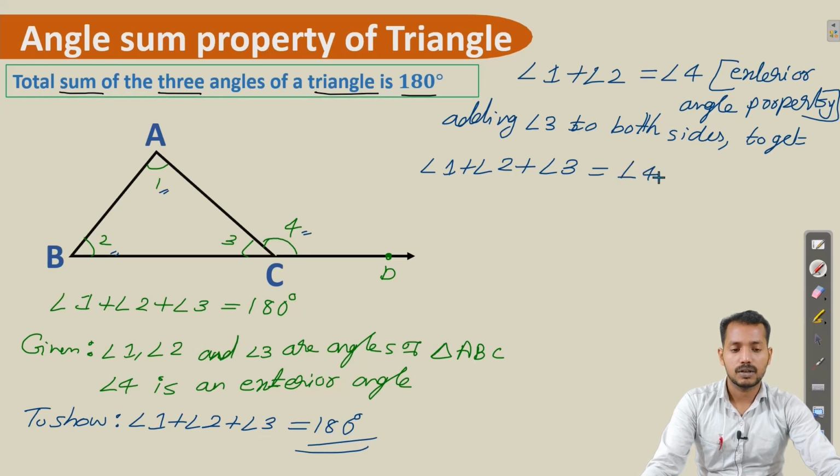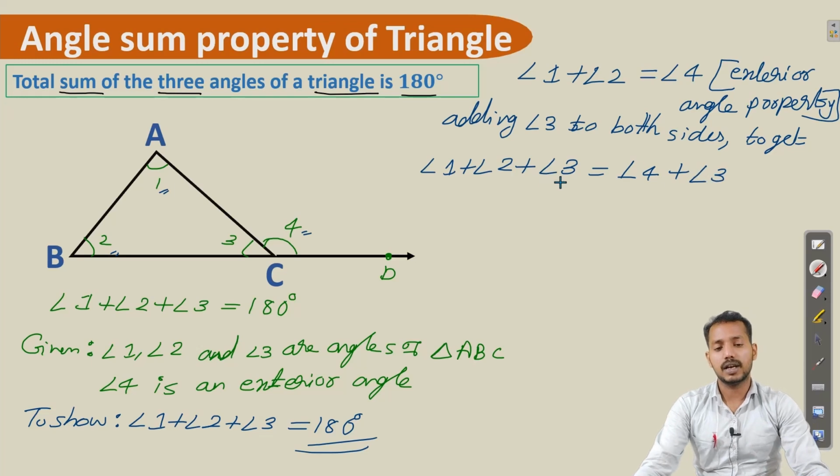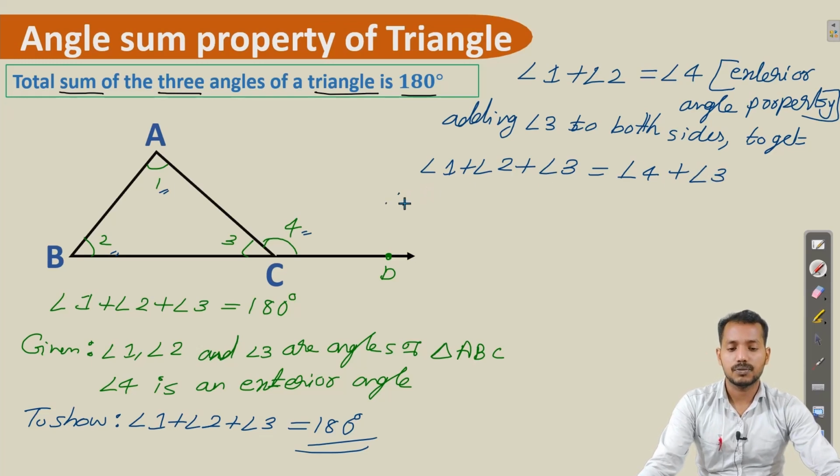Angle 4 plus here also I am going to add angle 3. Now LHS we have got. Therefore, angle 1 plus angle 2 plus angle 3 is equal to, what? Angle 4 plus angle 3.